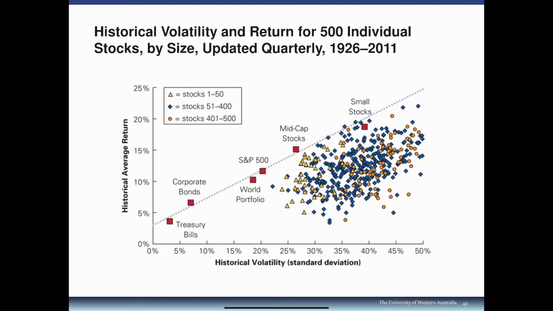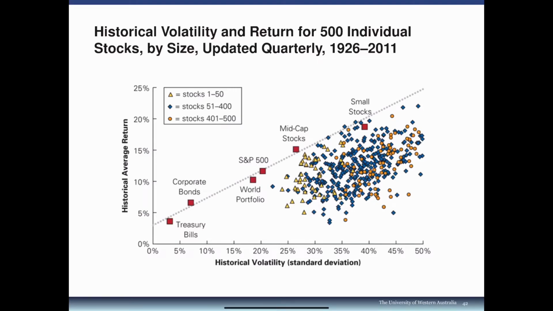The yellow triangle is the biggest 50 stocks, and the blue diamond is, if you rank them by market cap, between 51 and 400, and the small yellow circle is 401 to 500, right?